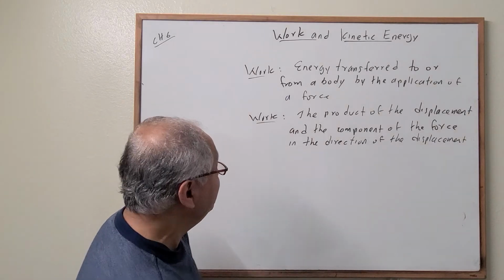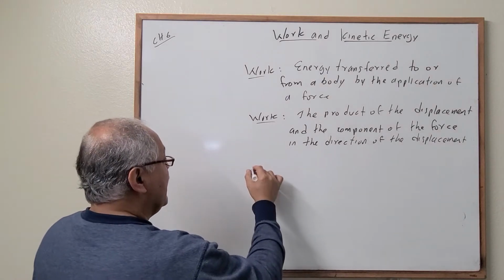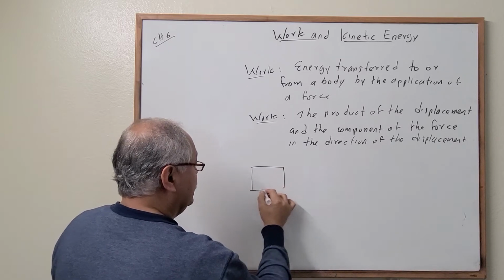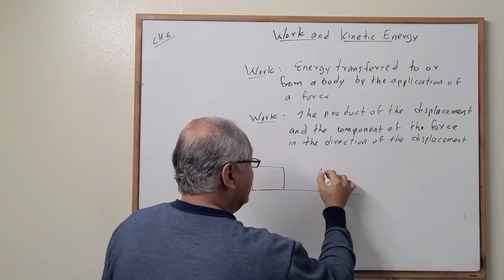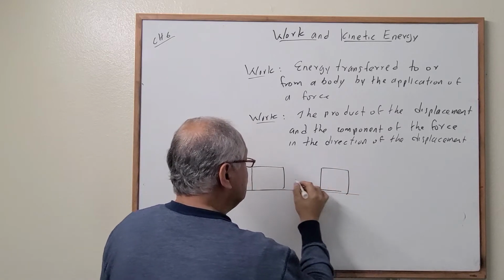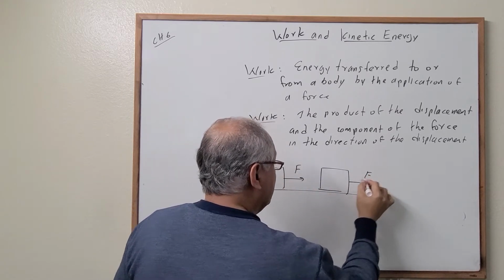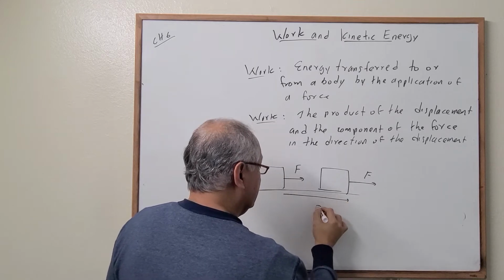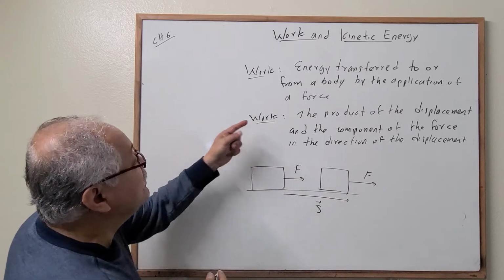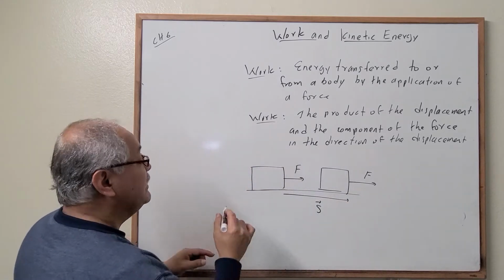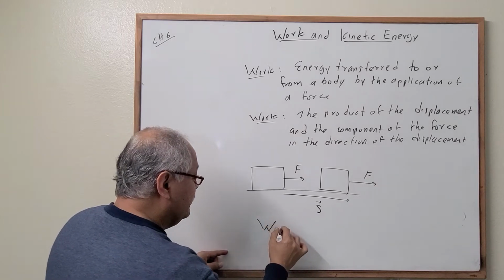Let's see. By definition, we have that if this is an object, right, this is the surface, later the object is at this position due to the application of this force, correct? Then imagine this is the displacement from here to here, displacement S. According to this definition, work, the symbol for work is W, right?